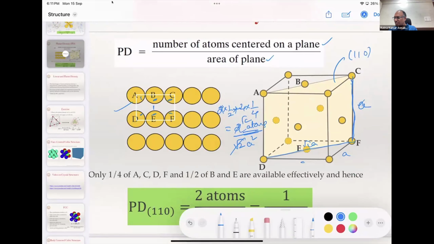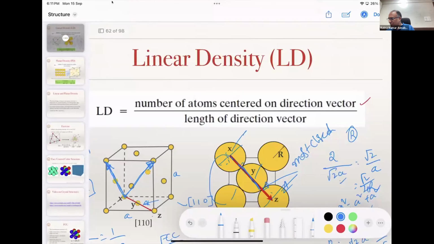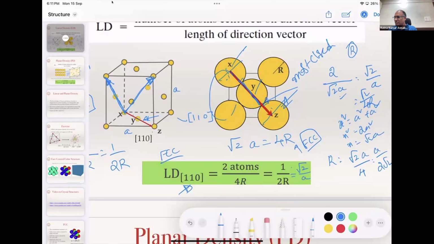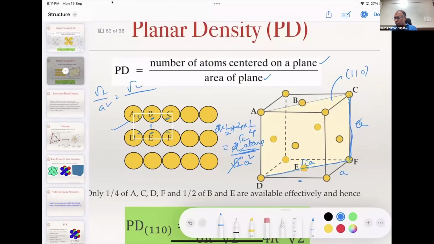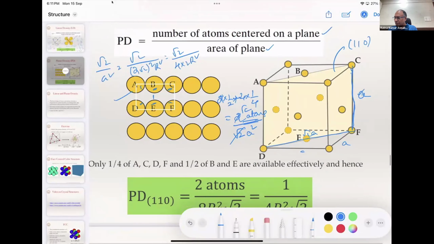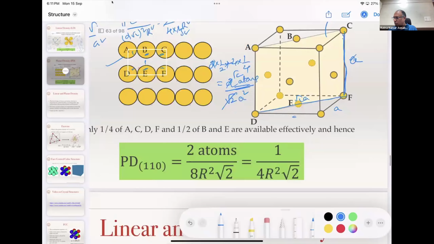What is the relation between a and R? We derived previously that R is equal to a by 2 root 2, or a is equal to 2 root 2 R. My planar density is root 2 by a square, and a is 2 root 2 R. So root 2 by 8 R square, that is 1 by 4 root 2 R square.